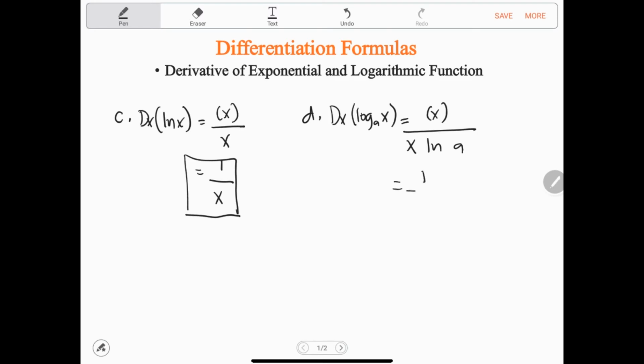So the derivative is 1 over, then copy the denominator, x ln a. That's it.